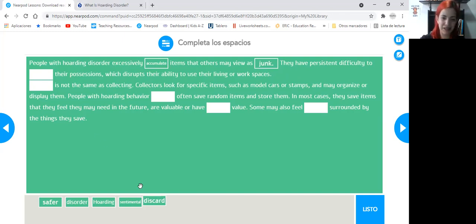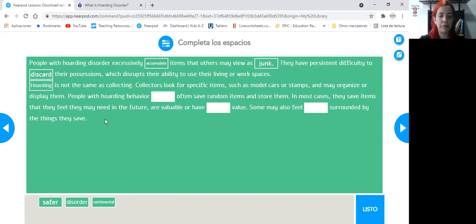Exactly, good. You see, that was great, the first activity. To discard their possessions, which disrupts their ability to use their living or workspaces. Here we have the first word of a paragraph. Good, good, good, Fabi. Hoarding, because it is with capital H.